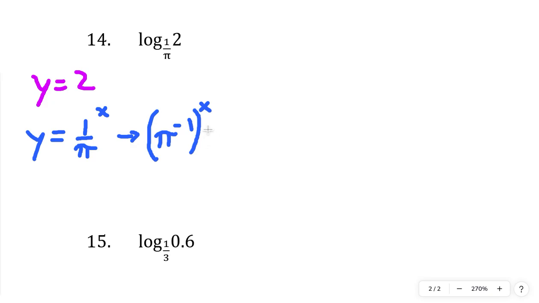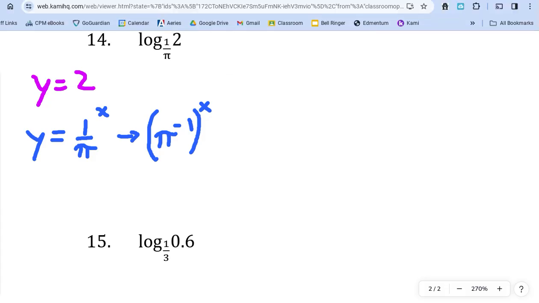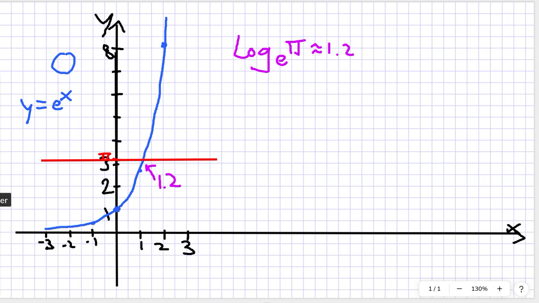I kind of just prefer to leave it as 1 over pi, actually. Let's just do that. We're going to graph 1 over pi to the x.